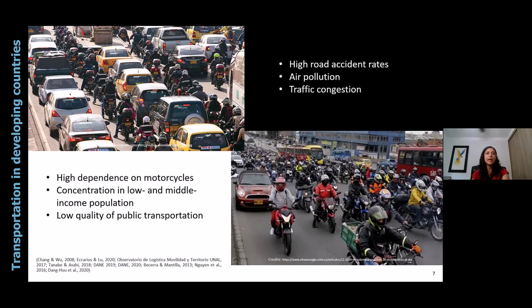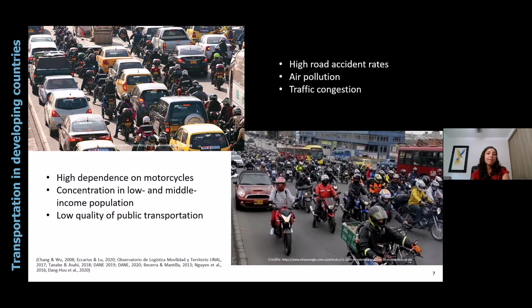We have a very high reliance on motorcycles because they are low cost, fast commuting, and very convenient. And these kind of vehicles are concentrated in low and middle income classes that use these motorcycles not for touristic purposes like maybe it's common in North America. They use the motorcycles to commute from home to work.